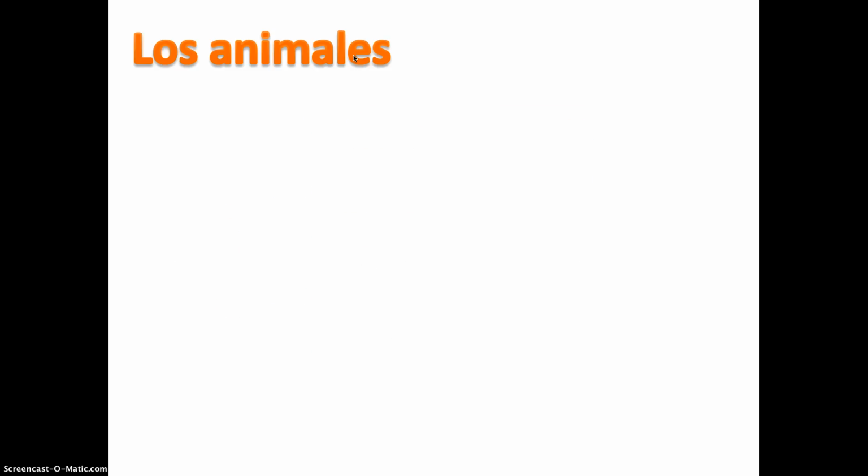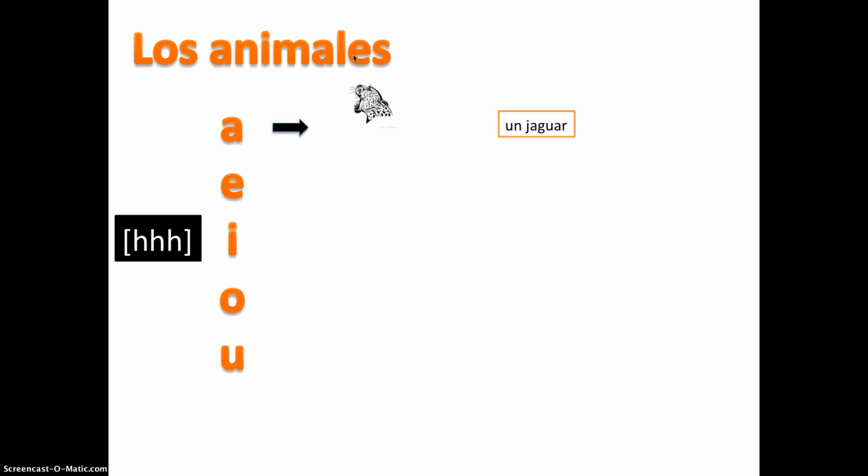Okay, so carrying the theme forward then, with 5 vowels again, we have this new sound, which is very typical of Spanish, what we call the ch sound, difficult to write in English, so I've written those H's to remind you to expel lots of air as you make the ch sound. So we have the combination of ja, as in jaguar, try it, un jaguar.